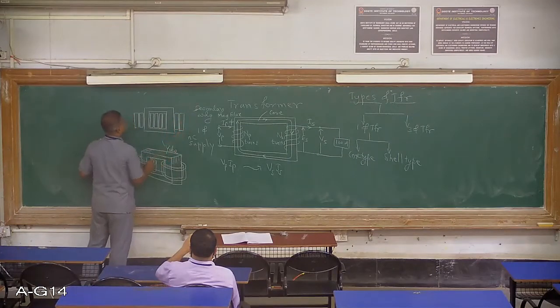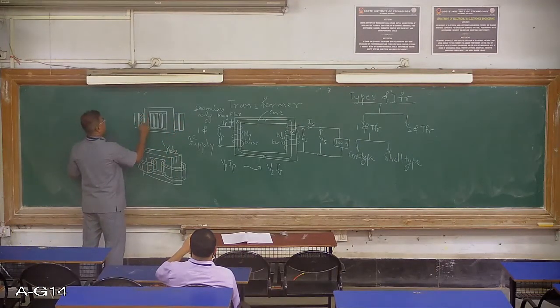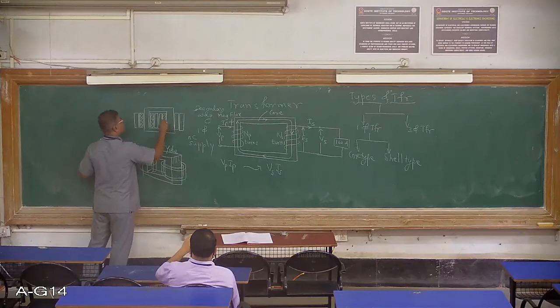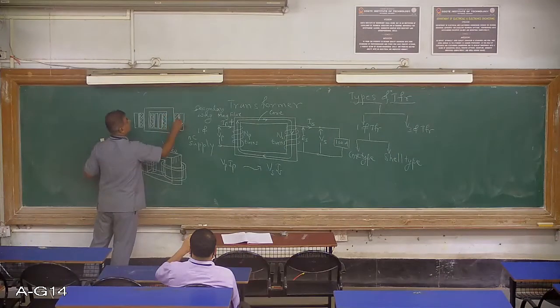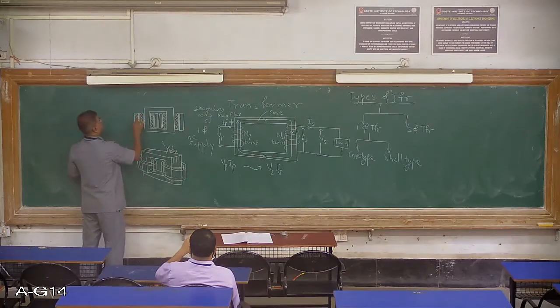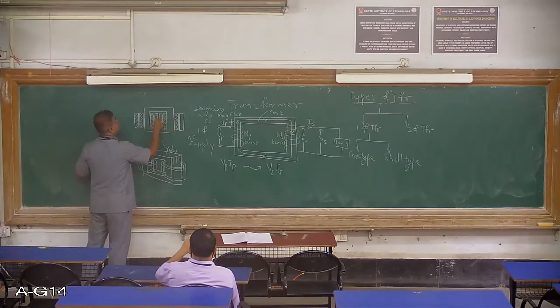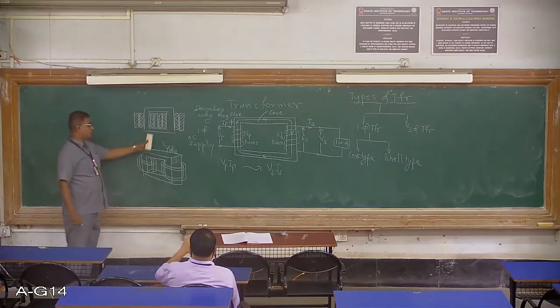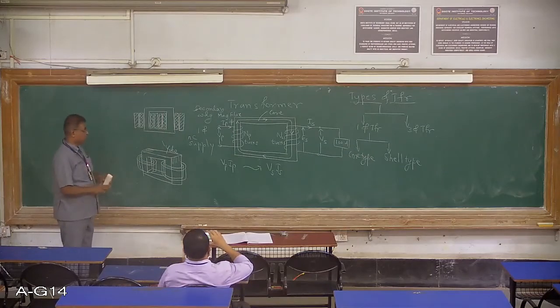Like this. So this is primary, which is hatched with square hatches, and this can be shown as the secondary winding. So this is about the construction of core type transformer.